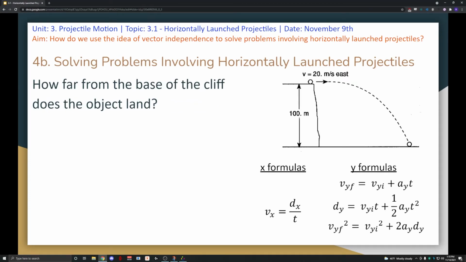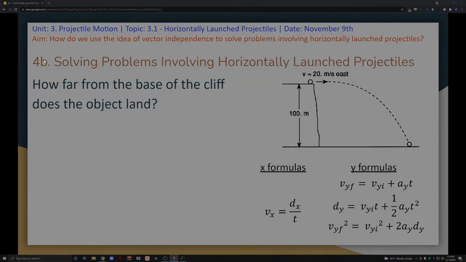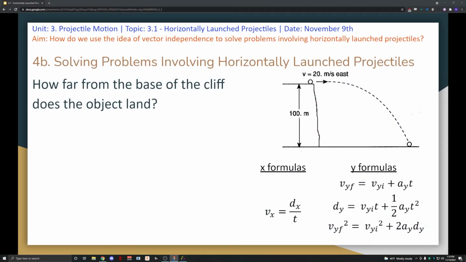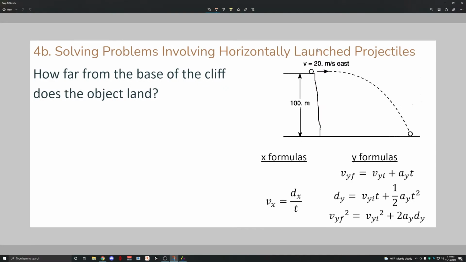Now, move on to B. How far from the base of the cliff does the object land? I wish I didn't get rid of my knowns, but I do recall we figured out that vx is 20 meters per second east, and time was 4.5 seconds.